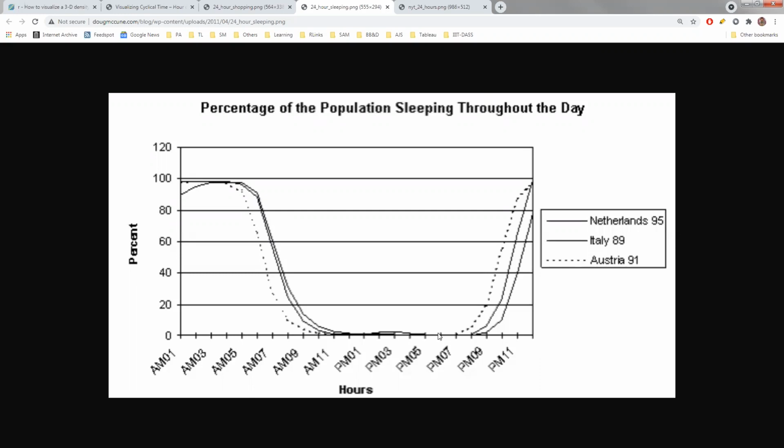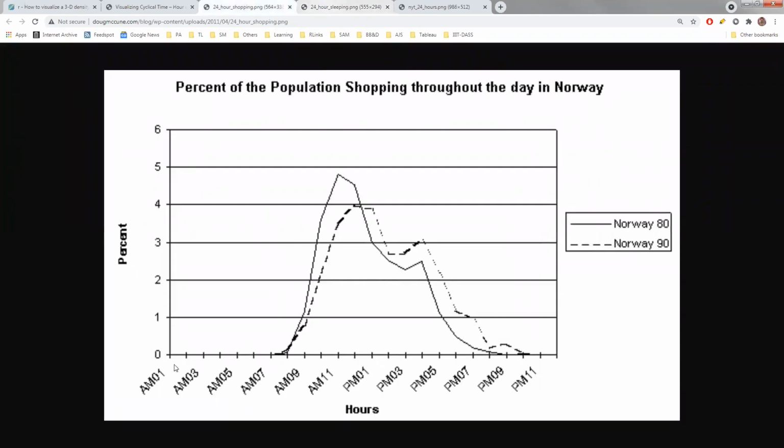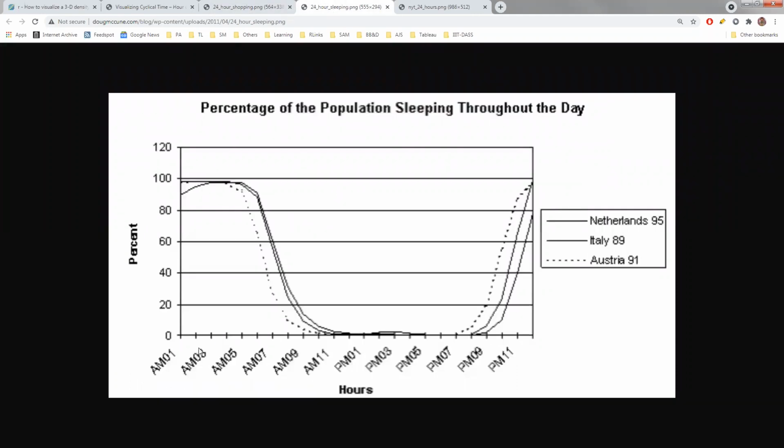During the day very few people are sleeping, and again people start to sleep after 9 p.m., and it goes up back to 100%. Now, a very interesting point that we need to observe from these 2 charts is that the x-axis for both is static. They are fixed on the same time scale, from midnight to midnight.